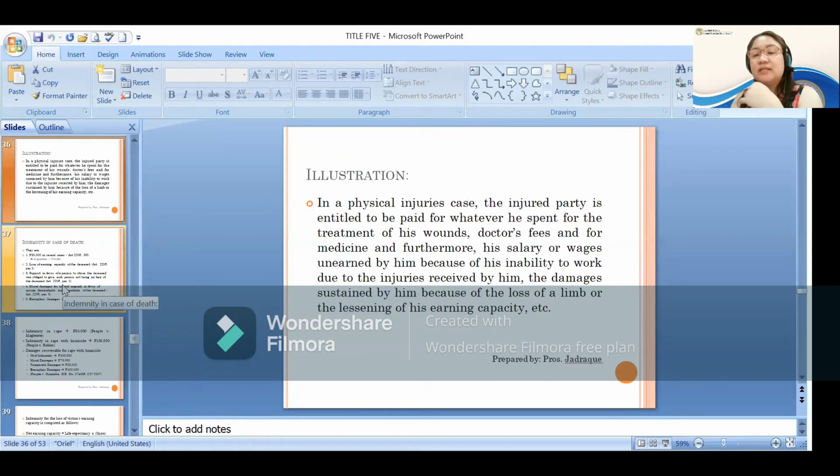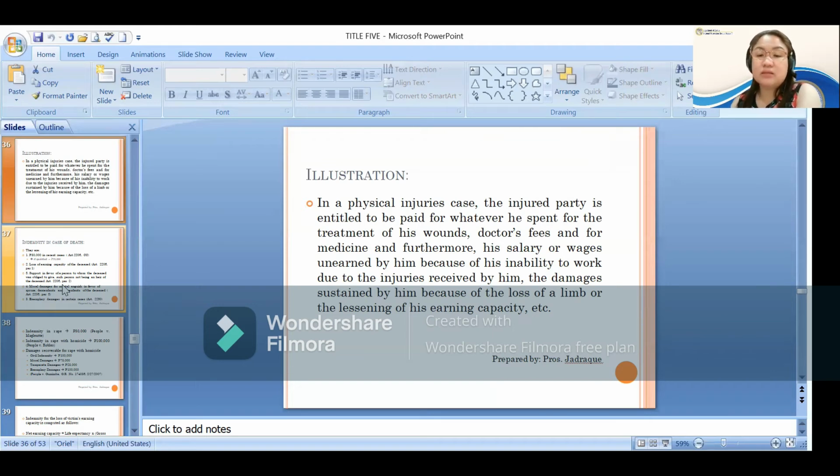In a physical injuries case, the injured party is entitled to be paid for whatever he spent for the treatment of his wounds, doctor's fees, and for the medicine. And furthermore, his salary or wages unearned by him because of his inability to work due to the injuries received by him, the damages sustained by him because of the loss of a limb or lessening of his earning capacity.